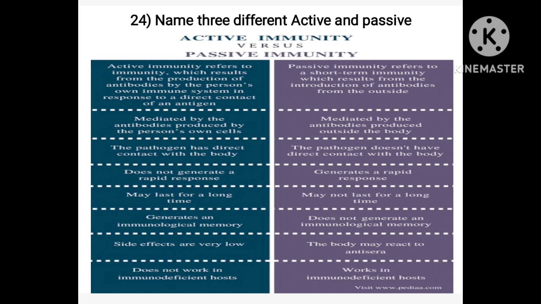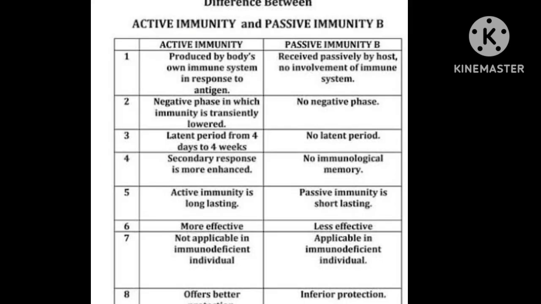Active immunity is mediated by the antibodies produced by the person's own cells. Passive immunity is mediated by the antibodies produced outside the body. In active immunity, the pathogen has direct contact with the body.